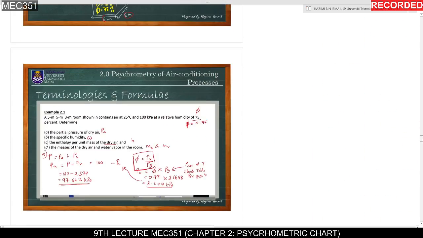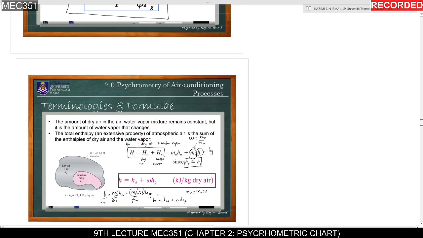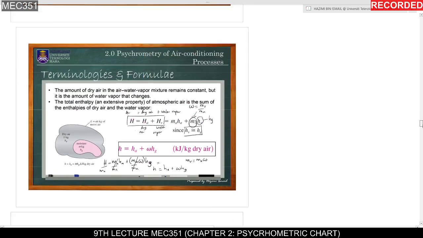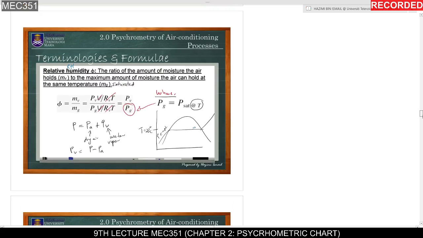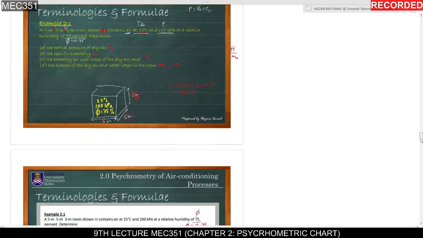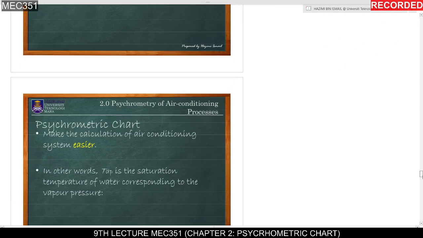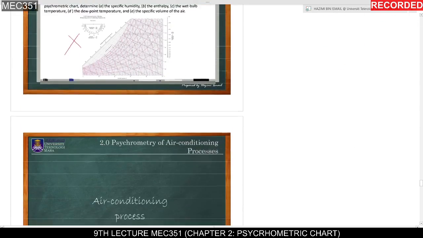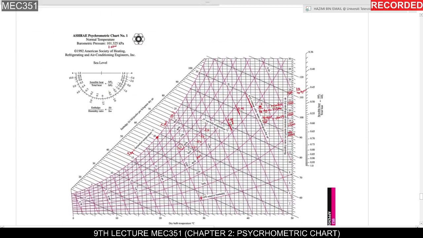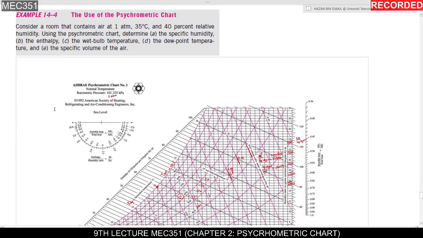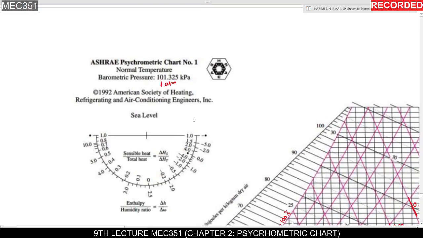So all of these equations can be used in any situation, but the psychrometric chart is limited only to that particular atmospheric pressure.